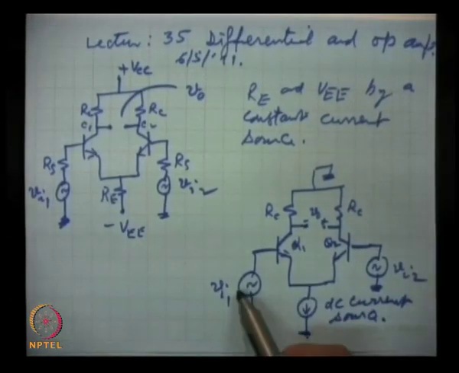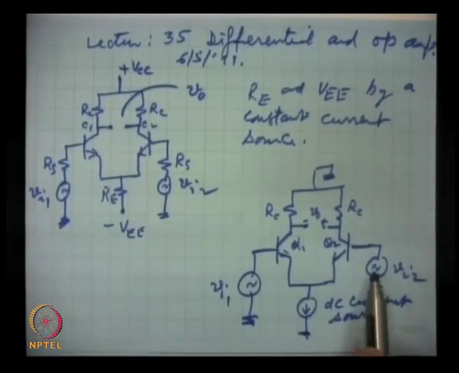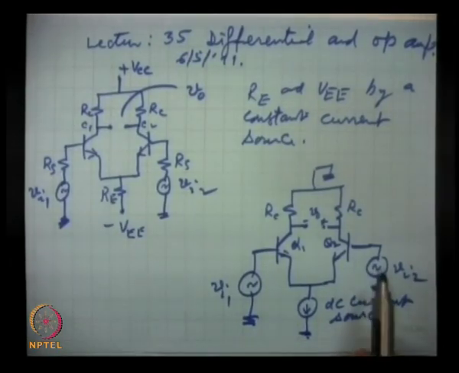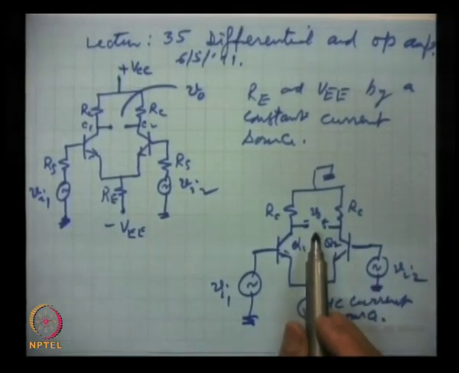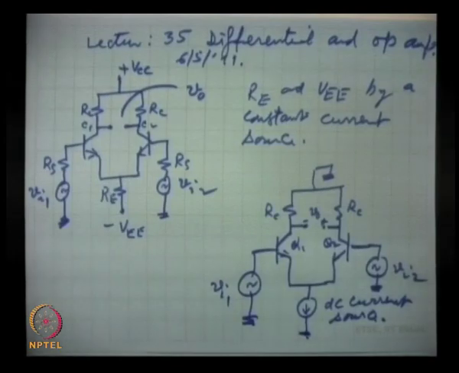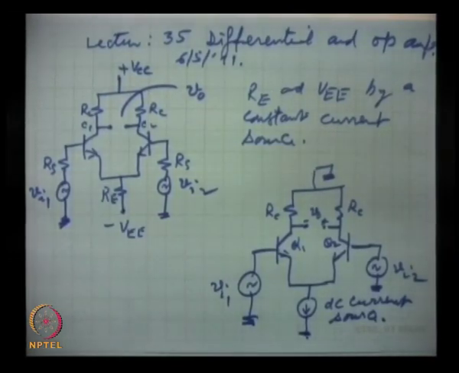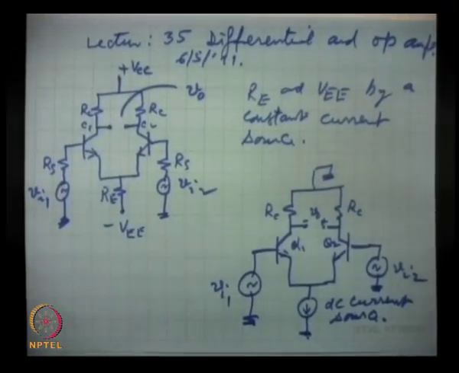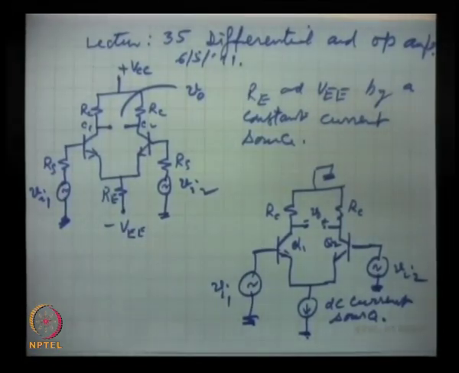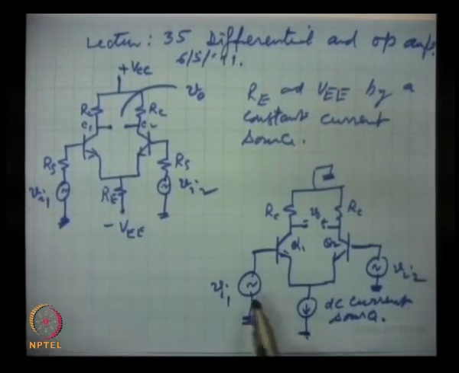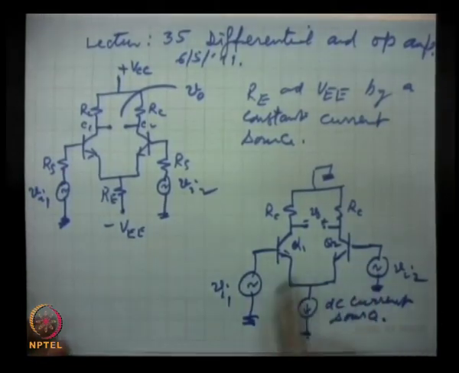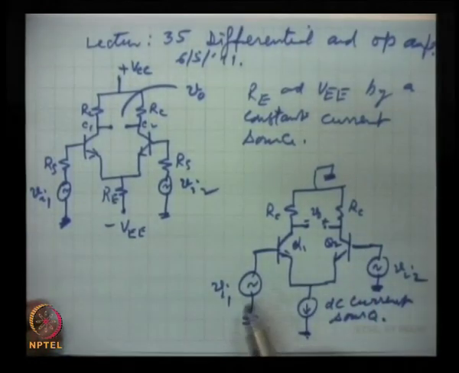Then we will ground this, and we will activate the second input source, and see what is its contribution. The superposition theorem says that the net output will be the algebraic sum of the outputs created by the two input sources.